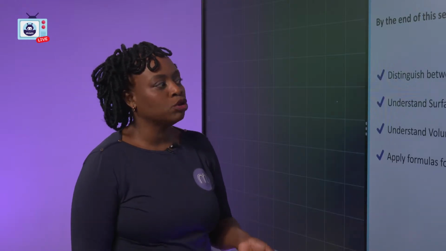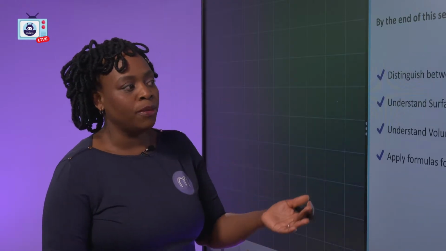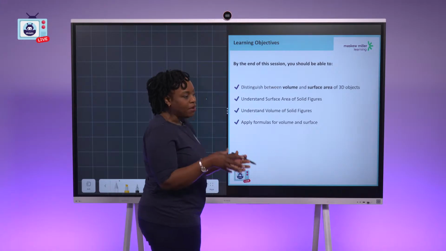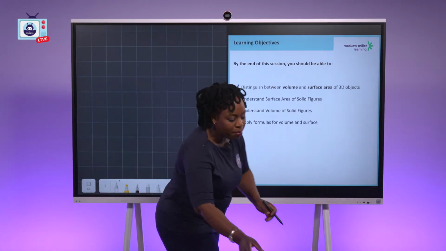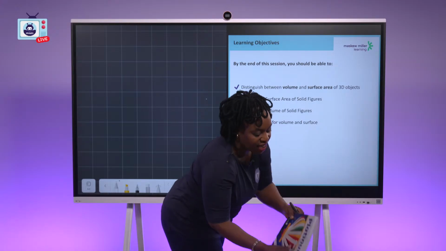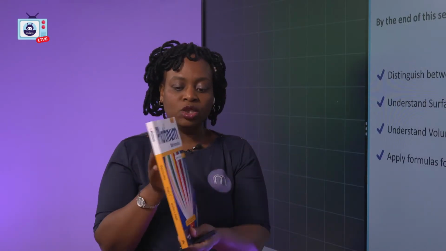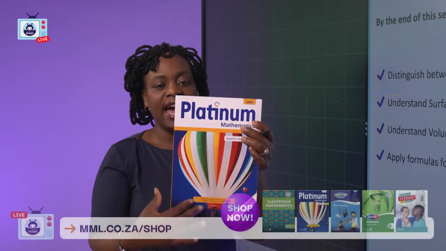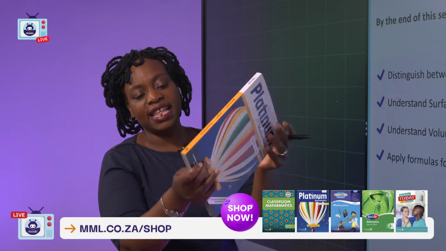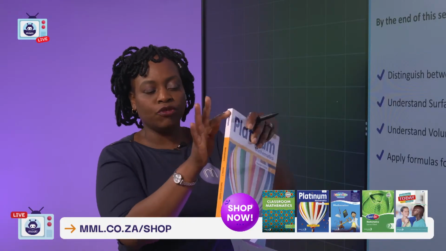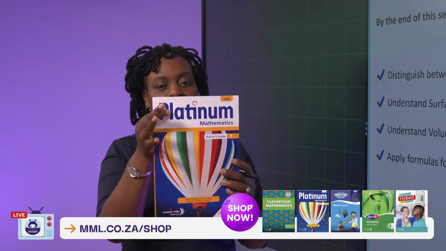We need to be able to distinguish between the volume and the surface area when we have a 3D shape. Remember, a 3D shape can be anything where you can see more than one side. If I have this book, you can see it has one side, another one there, and another one there. All these sides are actually two in one.